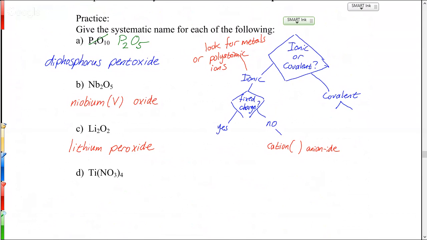It goes into this category because the lithium does have a fixed charge. So we're just going to write cation and anion. If it's a monoatomic anion, we're going to use ide. If it's polyatomic, we just list the anion. In this case, we had to recognize that that anion is actually peroxide.